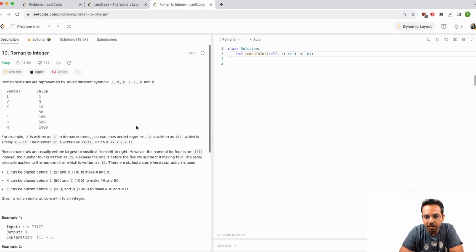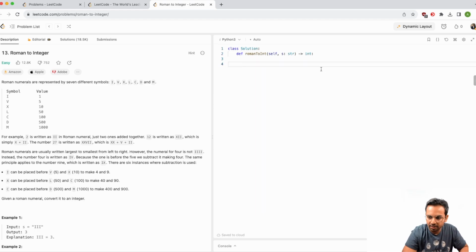Okay, so now what we have done in the previous video, we have to just do the opposite. So what we can do is start making our dictionary, and now we will store the Roman letters and their integer values.